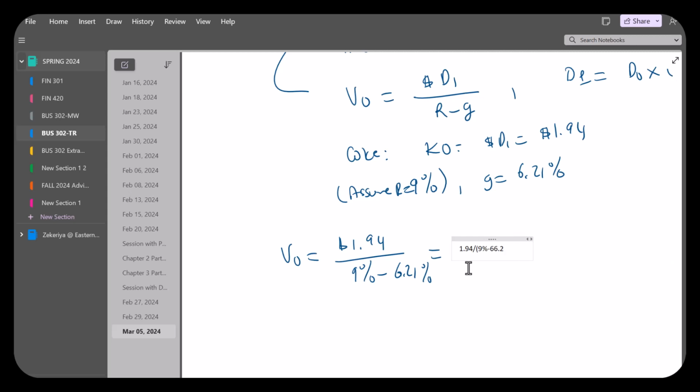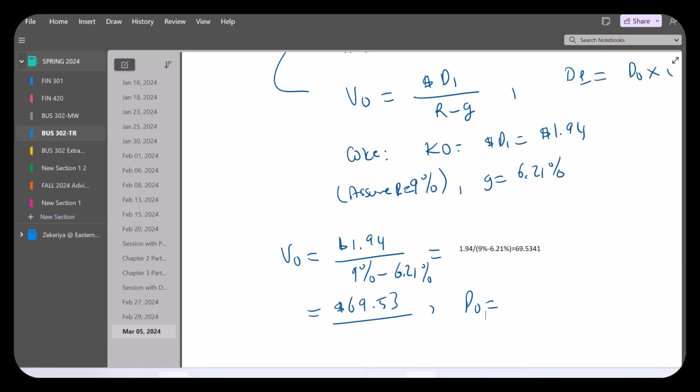That gives a value of $69.53. The current price of Coke, $59.62.